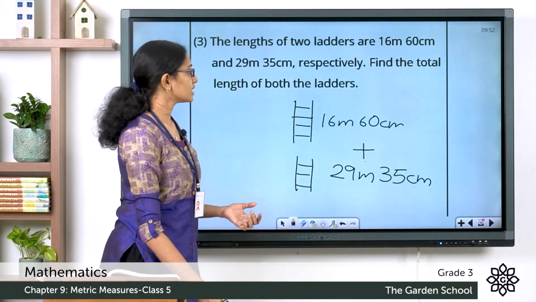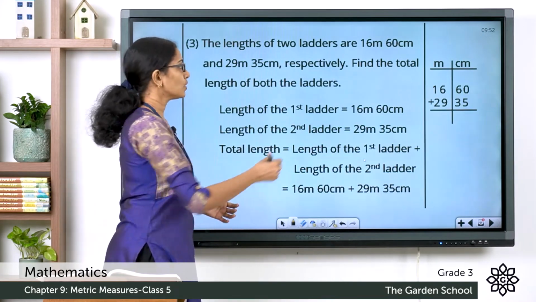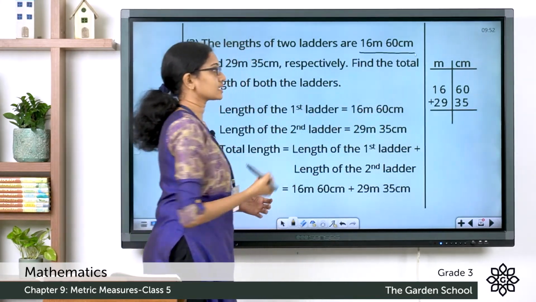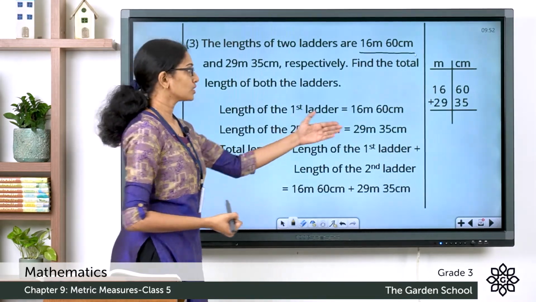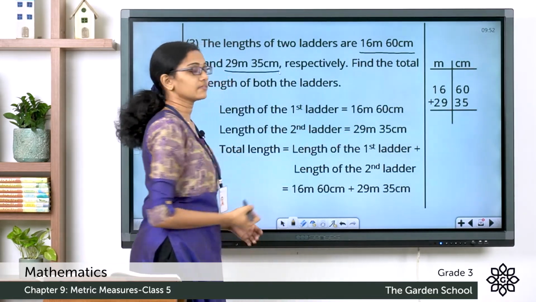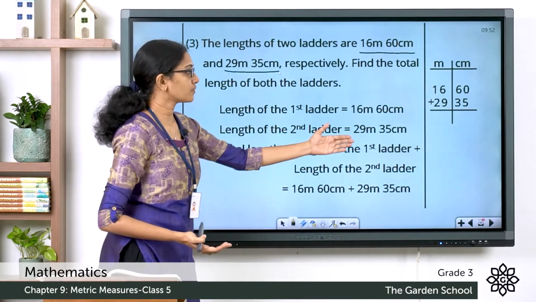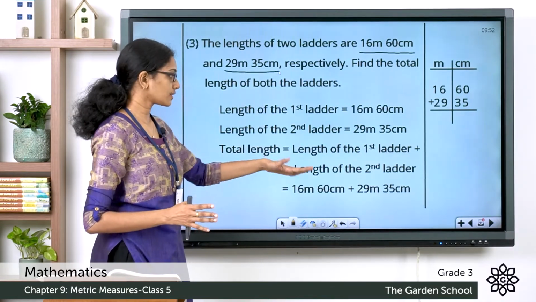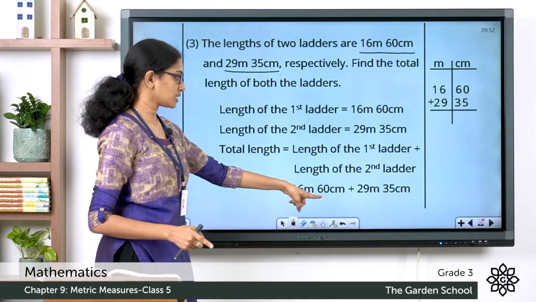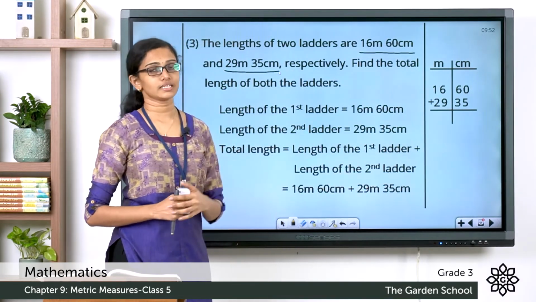So let's write the required steps. Length of the first ladder is equal to 16 meter 60 centimeter. Now length of the second ladder is equal to this 29 meter 35 centimeter. Now the total length would be length of the first ladder plus length of the second ladder. So substituting the measurements, we get 16 meter 60 centimeter plus 29 meter 35 centimeter.